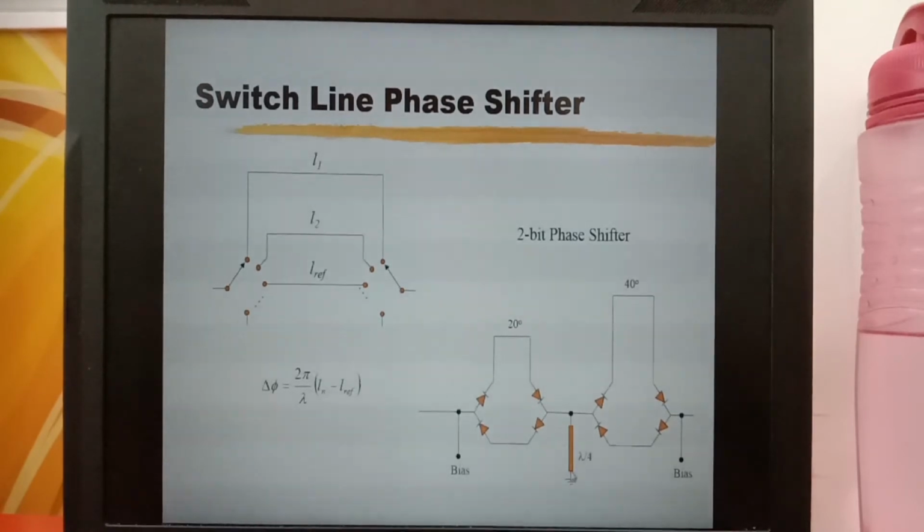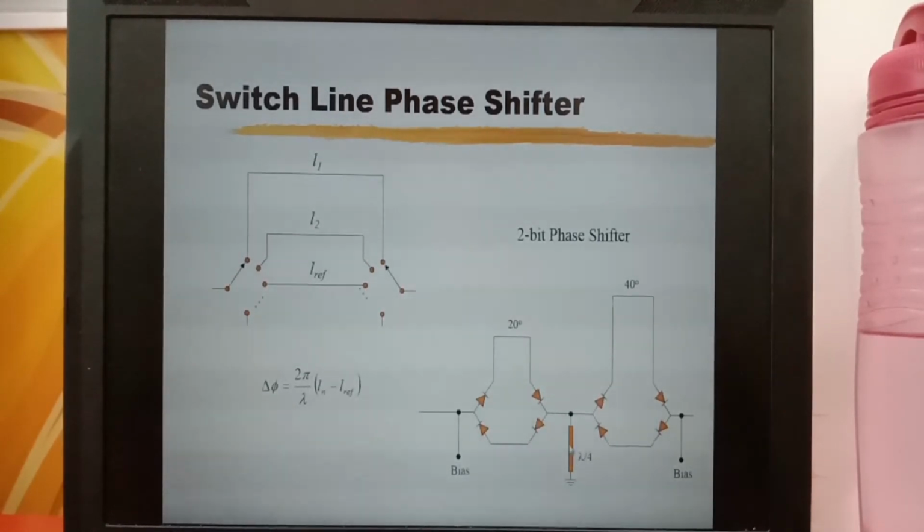This quarter wave transformer allows DC current to flow from the positive voltage through the two diodes to ground in order to turn on the two diodes.